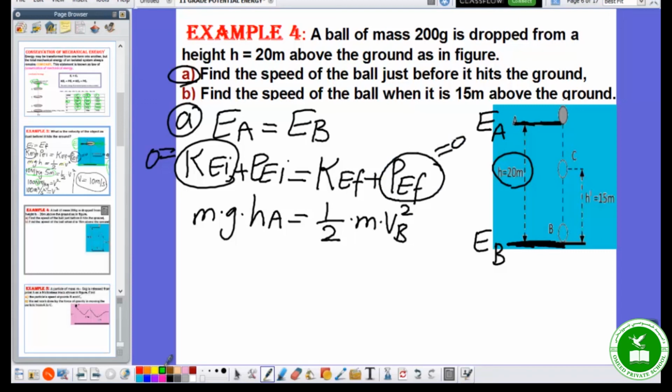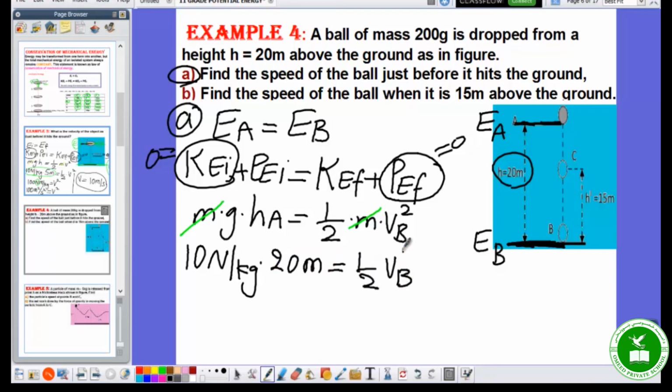Again, common factors cancel, mass cancels. Remaining expressions will be g, 10 Newton per kg, times height of point A, 20 meter, equal to 1 over 2 v_B square. Now the left side becomes 200, since 10 times 20 is 200.